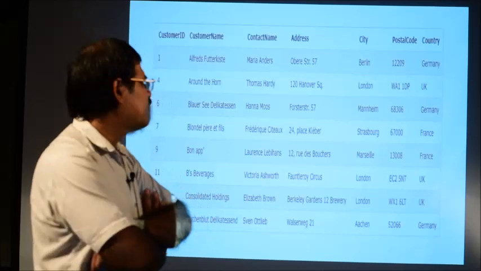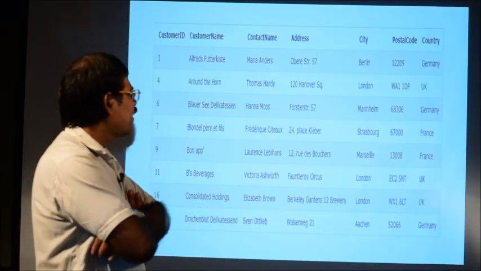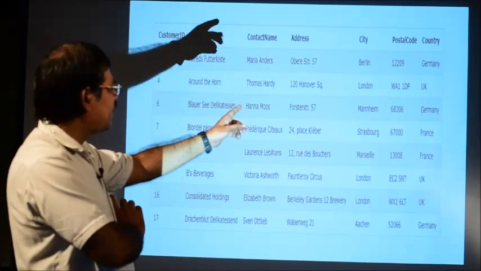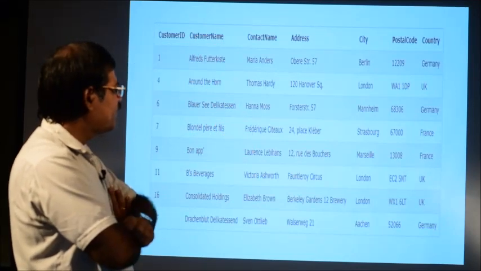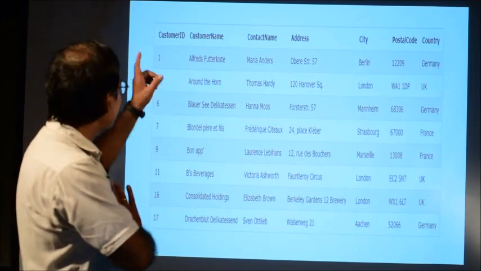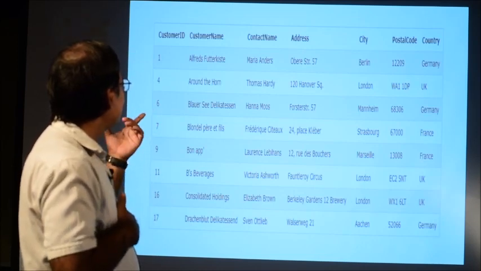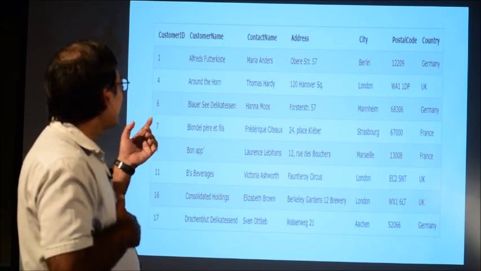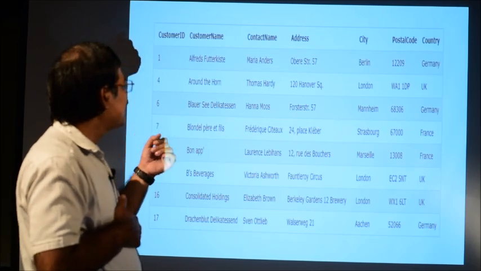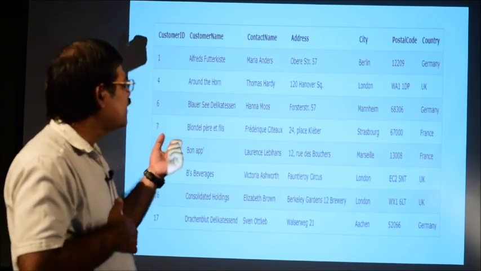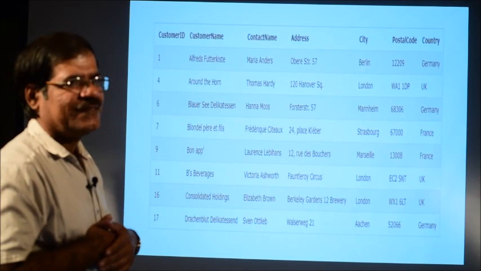Here the countries selected are Germany, UK and France only. Customer 1 has ID 1, name Alfred, then the contact name and address, city is Berlin, then the postal code, and the country name is Germany.